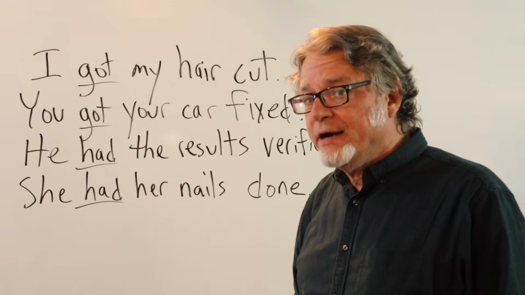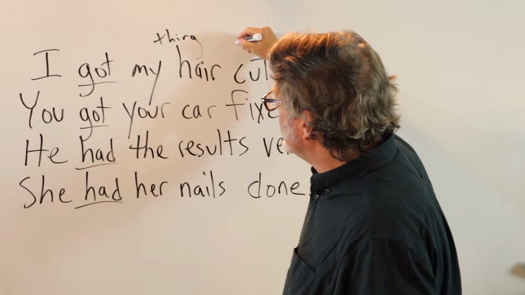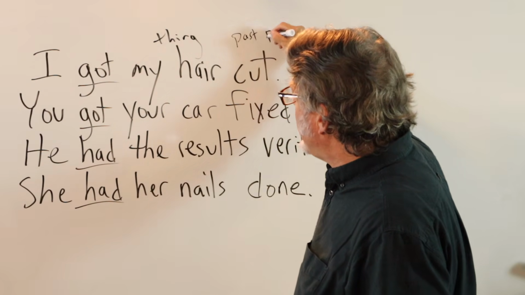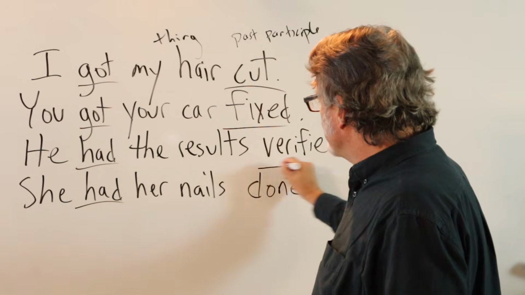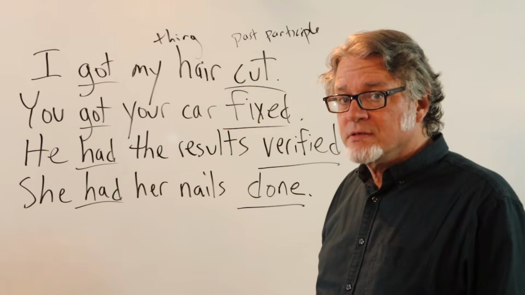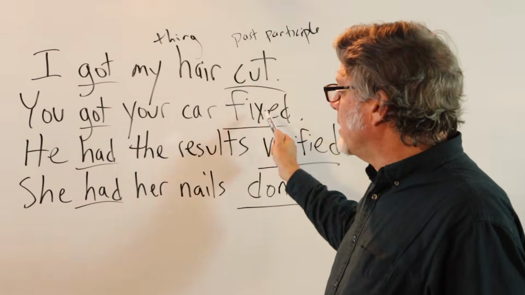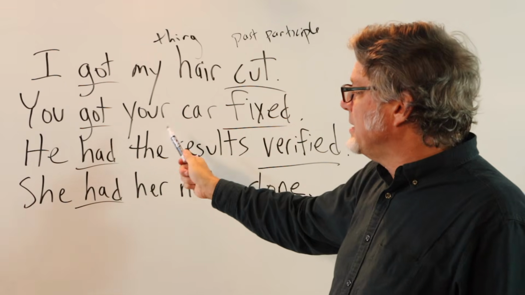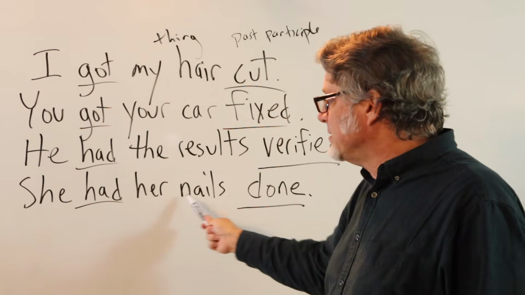I got my hair cut. Here's the thing, and then here is the past participle in this position at the end of the sentence. I got my hair cut. You got your car fixed. He had the results verified, and she had her nails done.